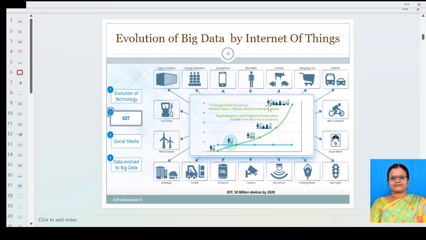So a person is controlling or being controlled by six devices. We can understand how much information these devices produce every day. So this is about the internet of things.